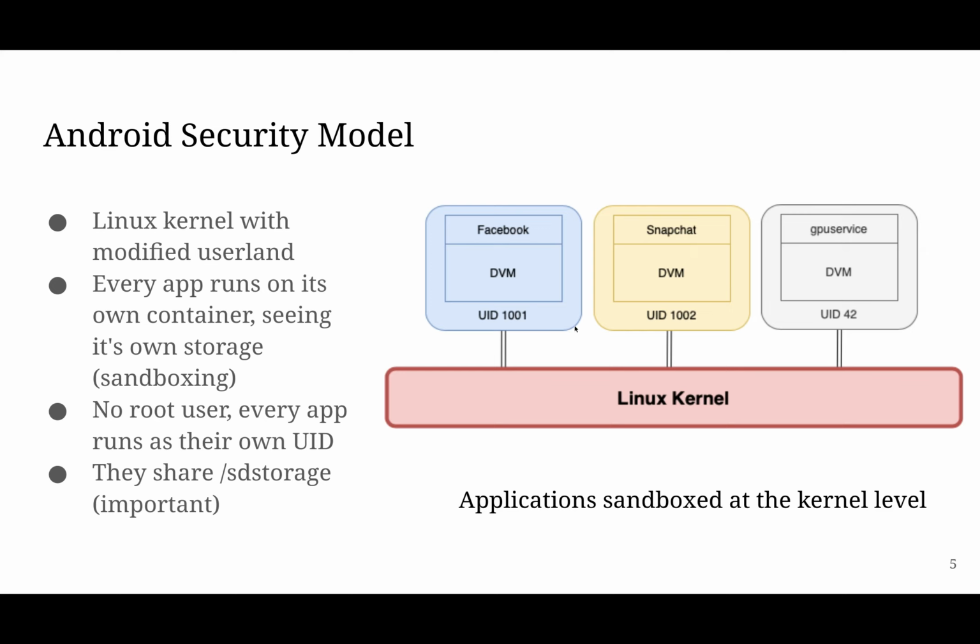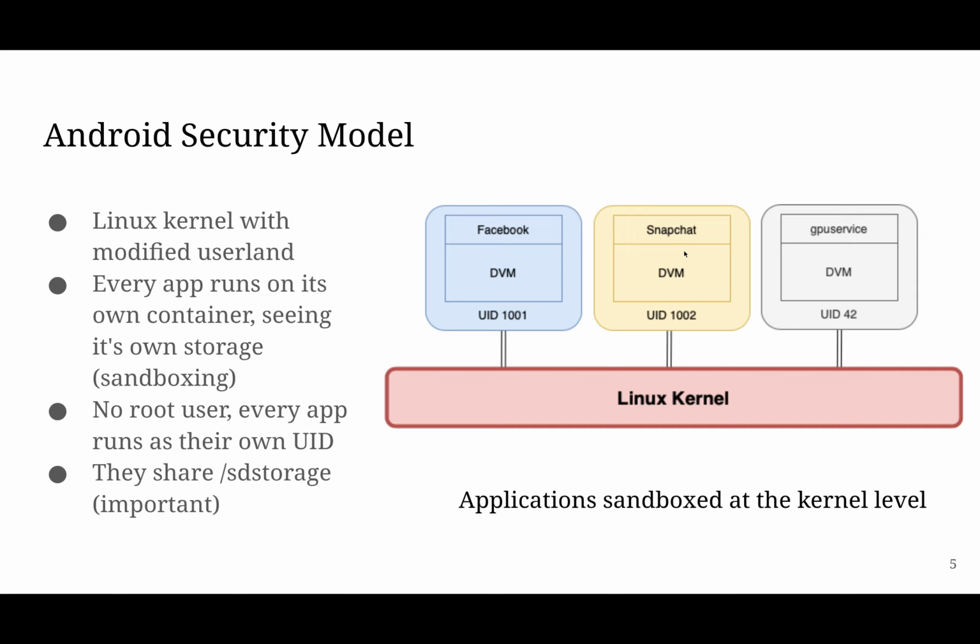Of course, that means they can see different parts of the file system, but they can also share some parts of it. They may or may not be able to interact with each other's processes. The system gives abilities for inter-process communication, because on a phone you might want to share an image automatically from your camera to the Facebook application.